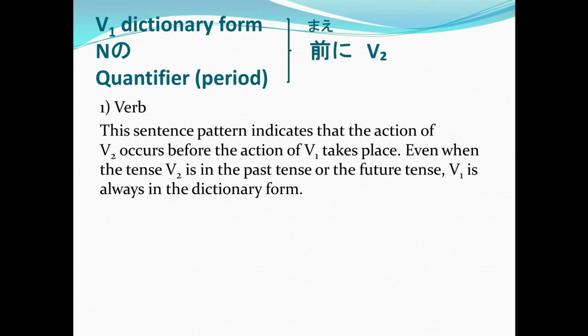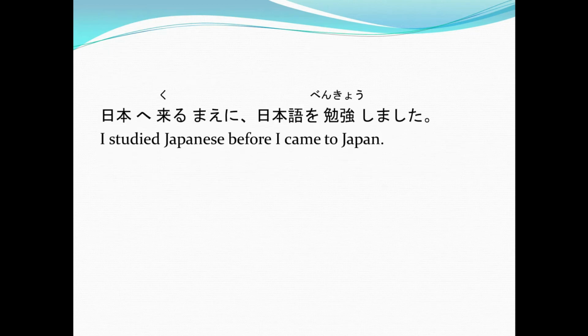So, example: Nihon e kuru mae ni Nihongo wo benkyou shimashita. Or, I studied Japanese before I came to Japan. In this one, our verb 1 is kuru, which is to come, mae ni, then Nihongo wo benkyou shimashita. Our verb 2 here is benkyou shimasu.